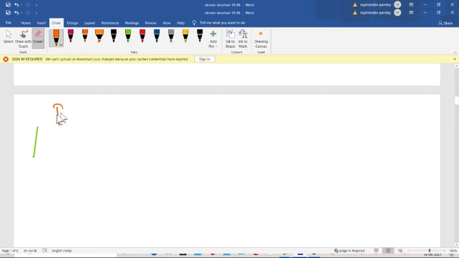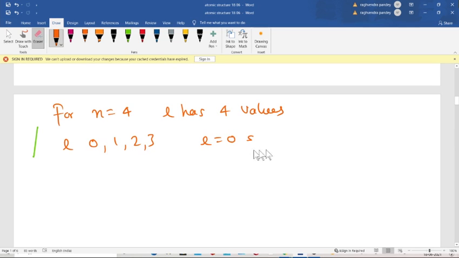For n is equal to 4, L has 4 values and the values start from 0. So L has 0, 1, 2, 3. L is equal to 0 corresponds to the s orbital.